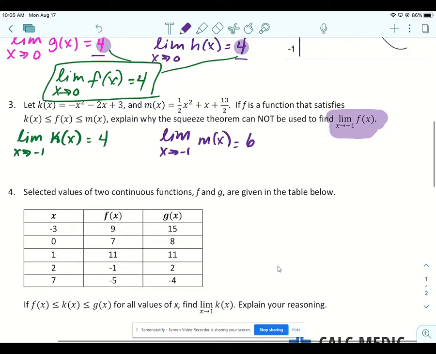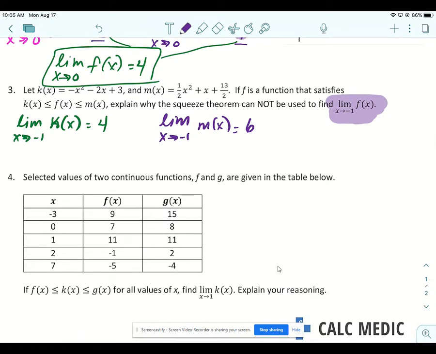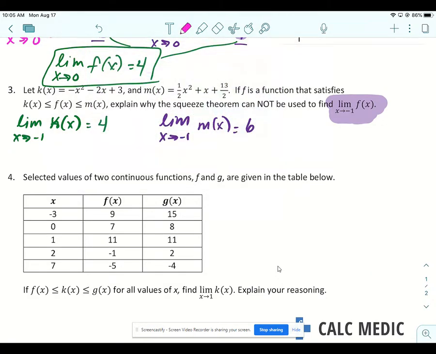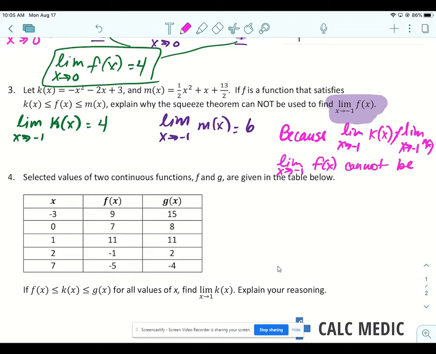We would explain why: because the limit as x approaches -1 of k of x does not equal the limit as x approaches -1 of m of x, the limit as x approaches -1 of f of x cannot be determined. There's an infinite number of values it could be.